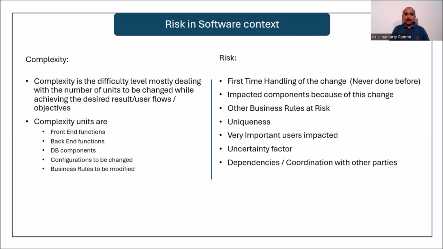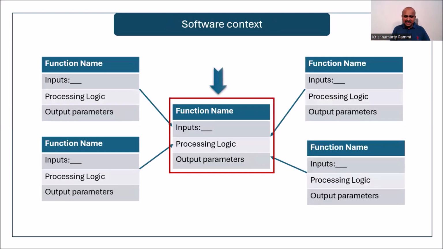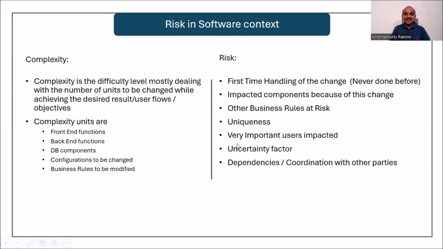Second thing is, whatever changes you are doing here, it will impact other functions to a high scale. You may be doing a simple thing, but the dependent functions are impacted. So that is where the high risk is. The business rules that you're modifying might impact the overall system. Okay. And there's uniqueness.